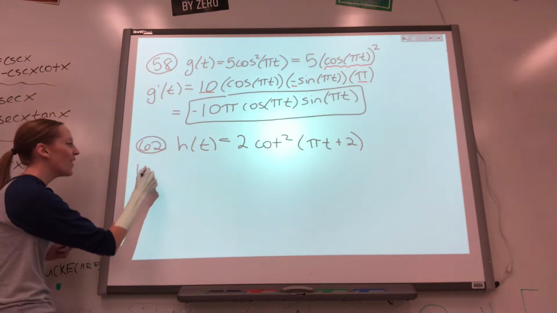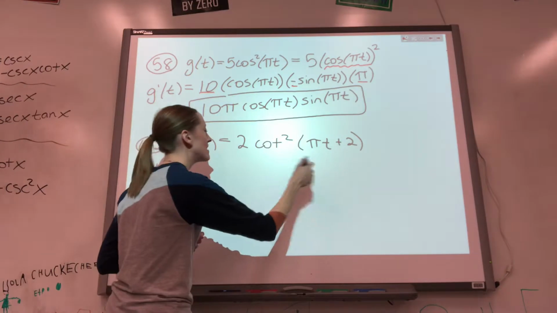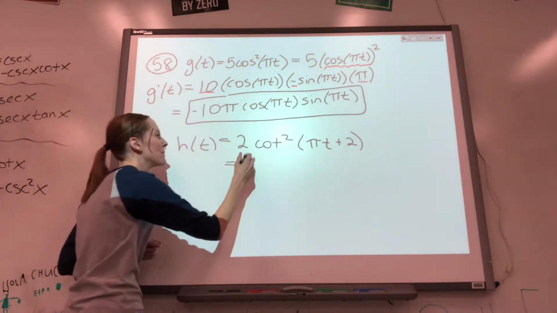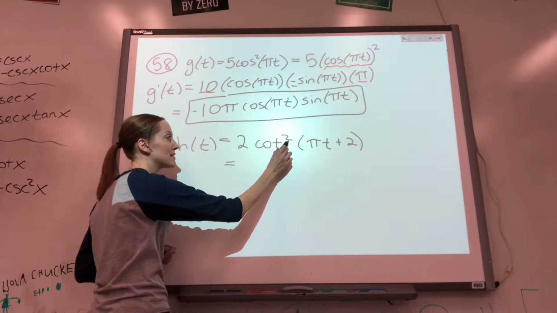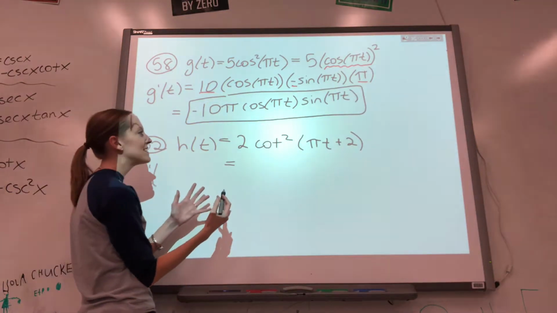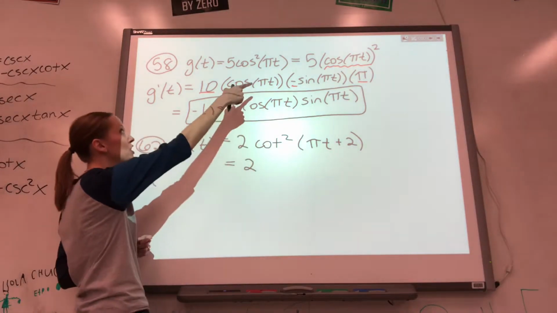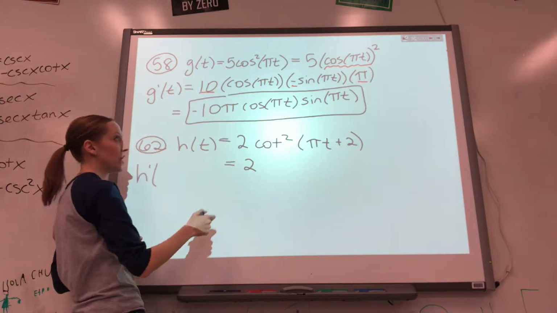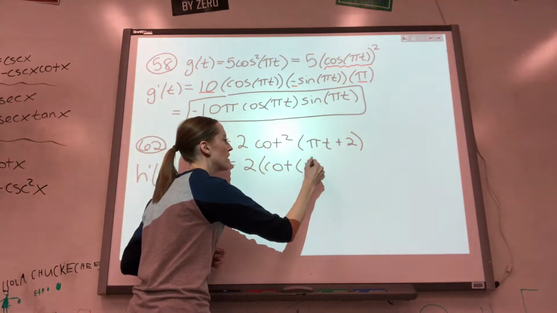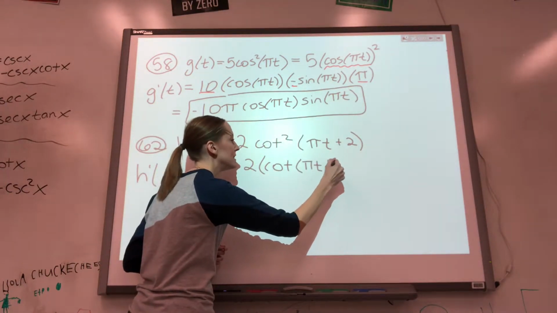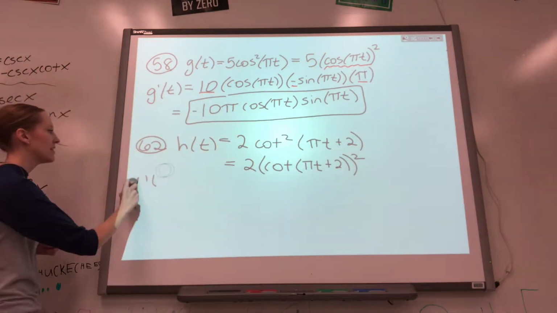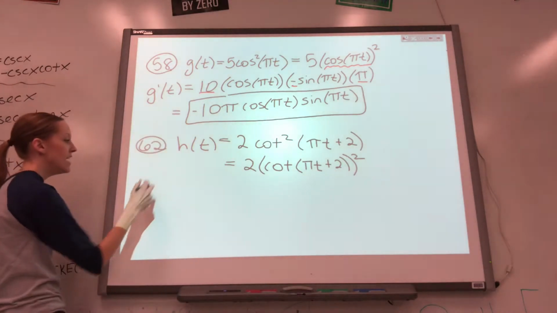Okay, so I probably want to rewrite this first, kind of like this one. The only thing being squared is the cotangent of pi t plus 2. So keep the 2 out front, kind of like we did with that 5. And now the entire cotangent of pi t plus 2 is being squared. That looks a little bit better.